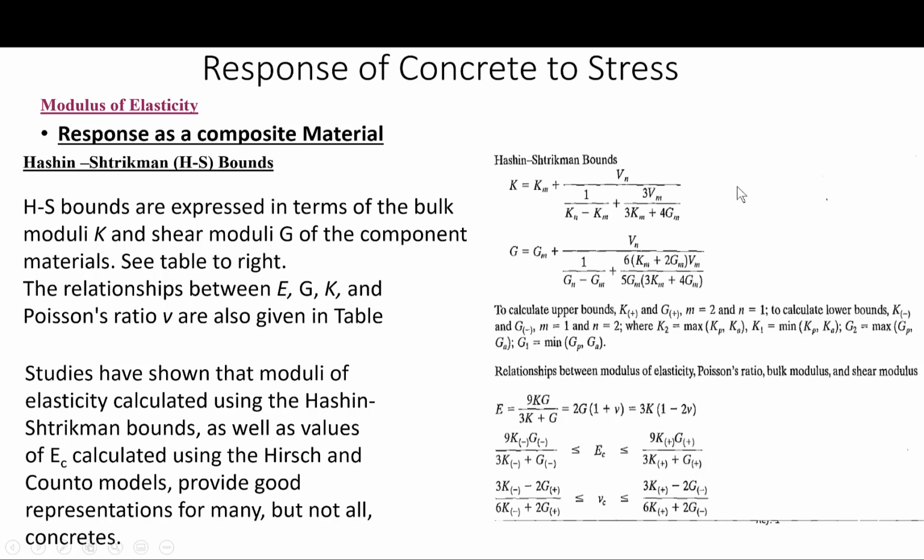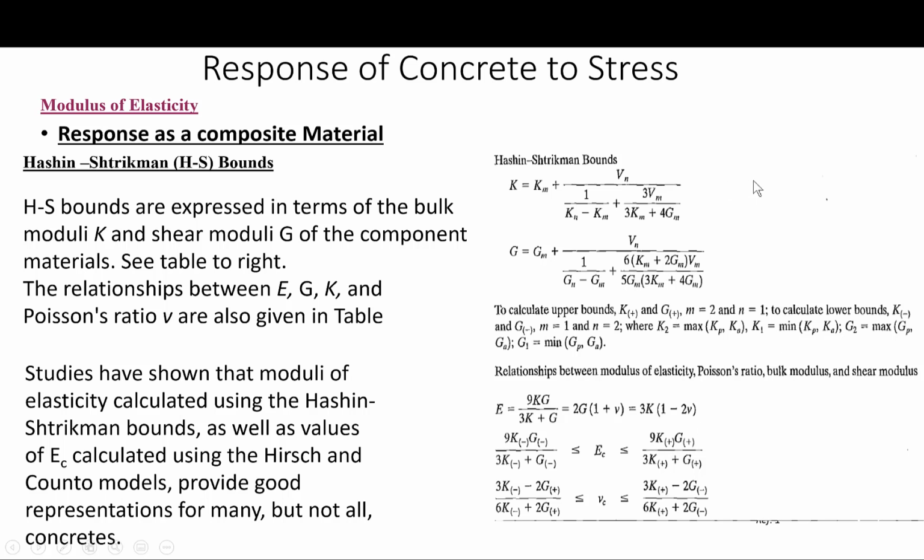The HS bounds are expressed in terms of the bulk modulus, K, and the shear modulus, G, of the component materials. The relationship between E, the elastic modulus of the concrete, G, the shear modulus, K, the bulk modulus, and Poisson's ratio, denoted by the Greek symbol nu, is also given in the table, as you can see here.